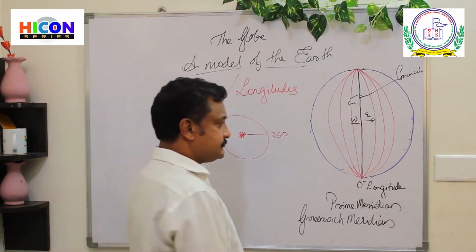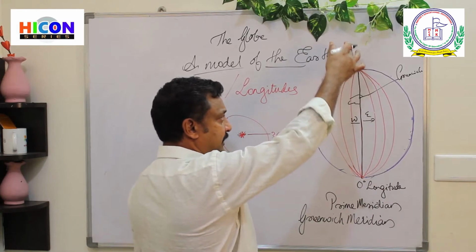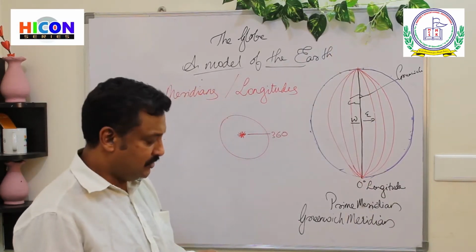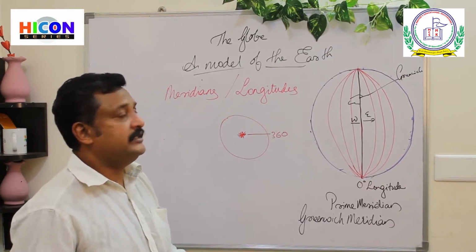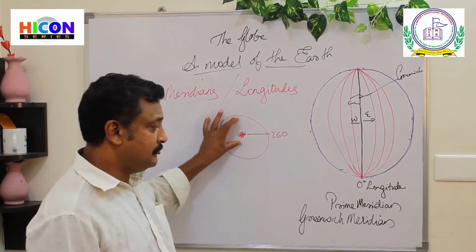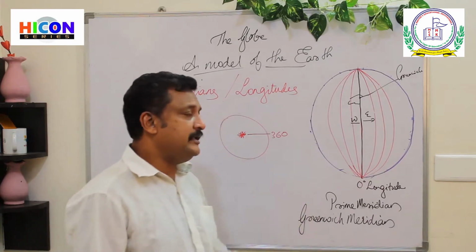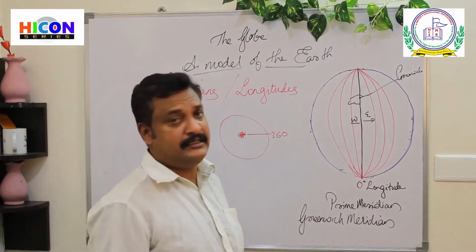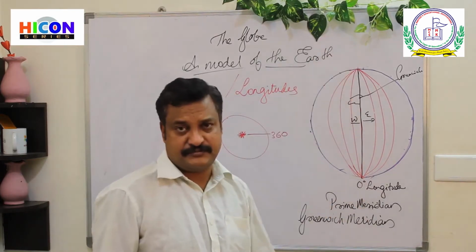Okay, so the lines that start from the north pole to the south pole are known as longitudes. They are 360 in number. They are also known as meridians. The 0 degree meridian or the 0 degree longitude is a line that passes through Greenwich, right?